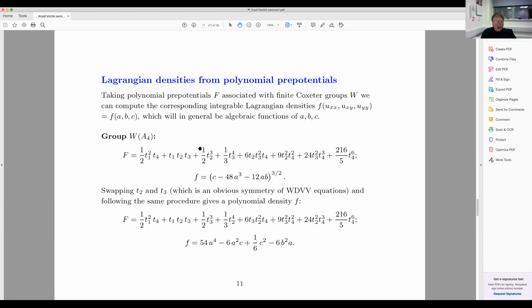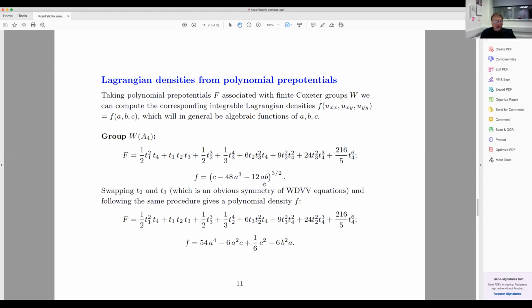So here the function W is this part, and the first two terms are the part depending on T1. So this is a polynomial prepotential, and if you plug this into the red equations connecting Lagrangian densities with prepotentials, you get this F, the Lagrangian density, this thing to the power 3/2.